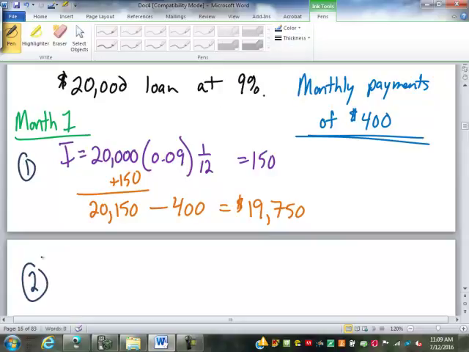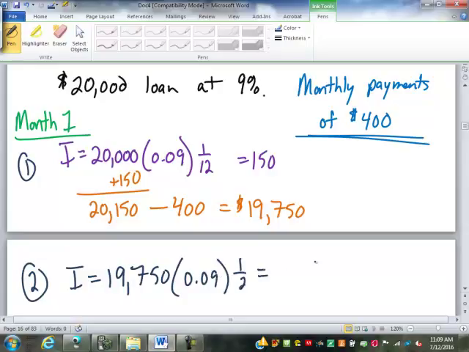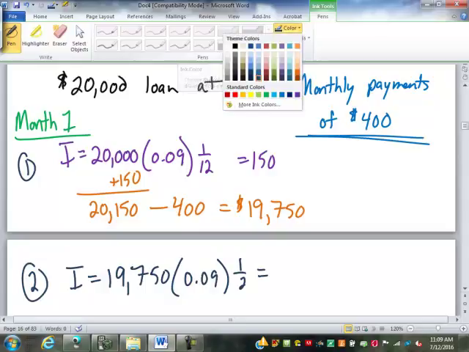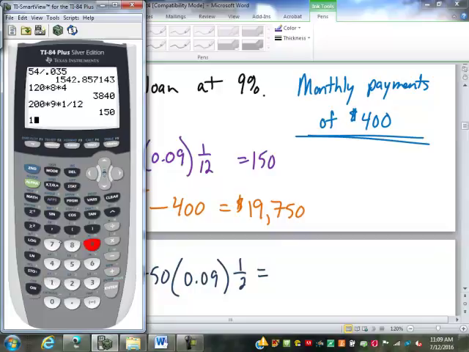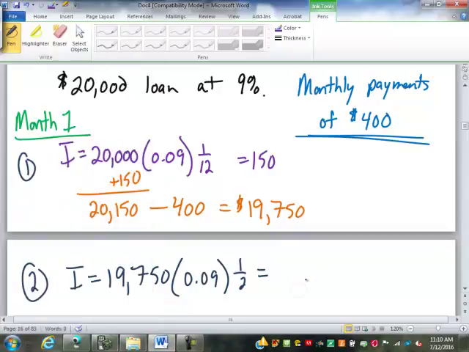Month 2. Again, before you make your payment, they figure out the interest. So it's $19,750 times 0.09 times 1/12. What's that come out to be? $148.13, right?